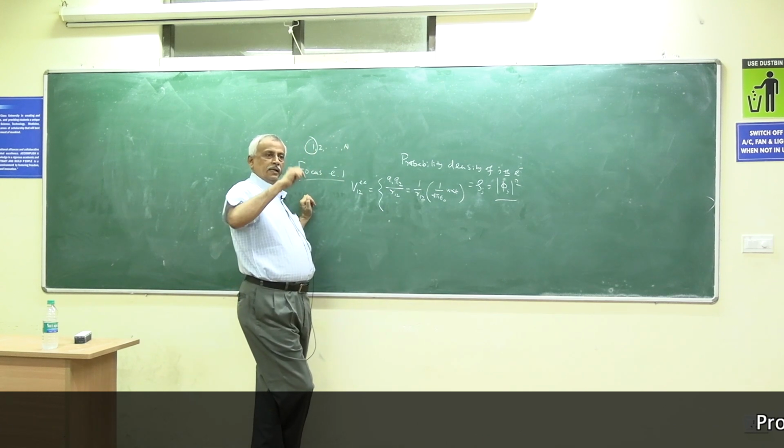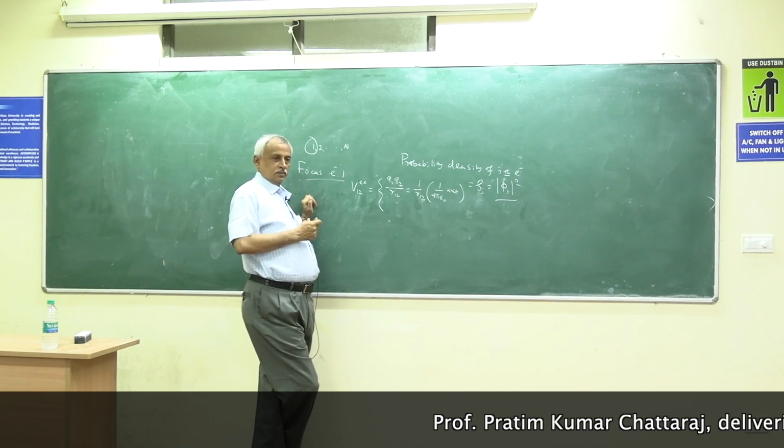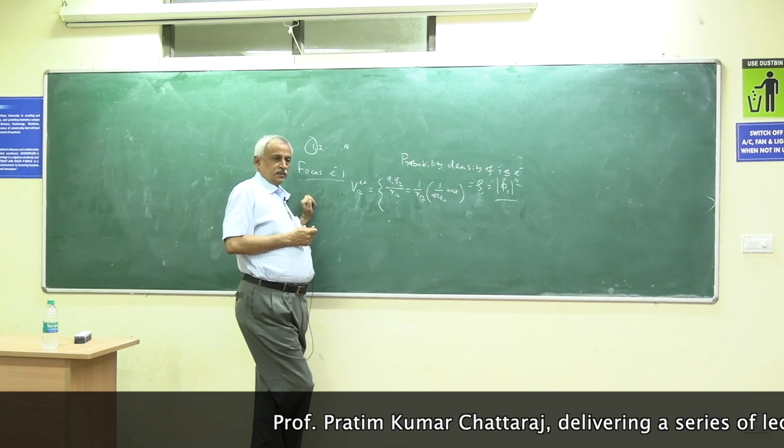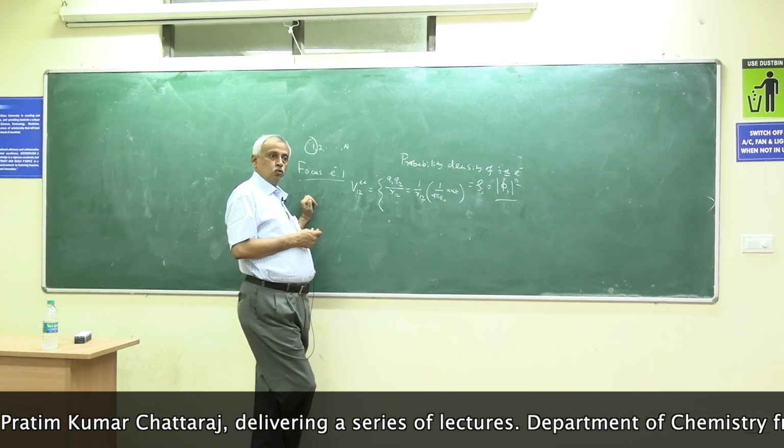Now suppose electron 1 is interacting with a smeared out charge distribution of electron 2.